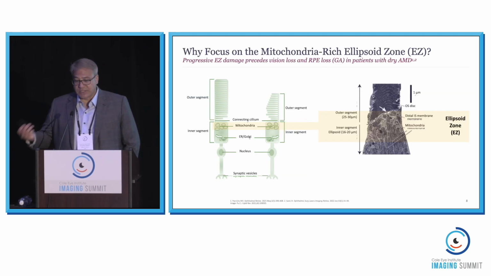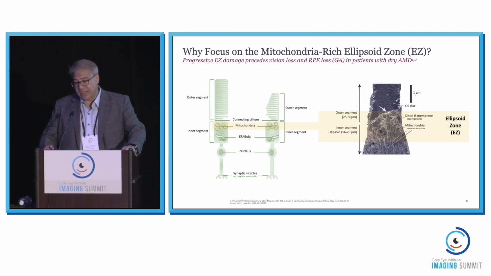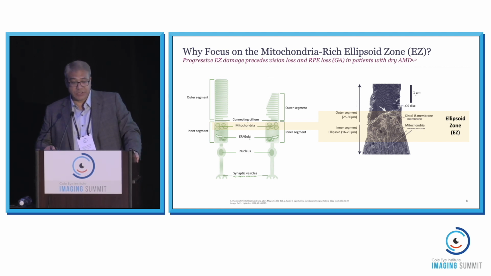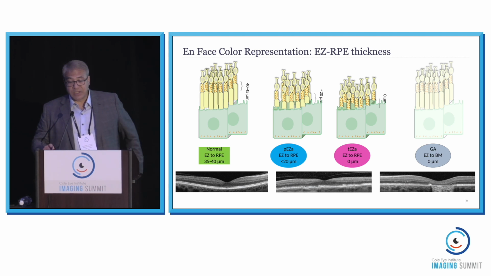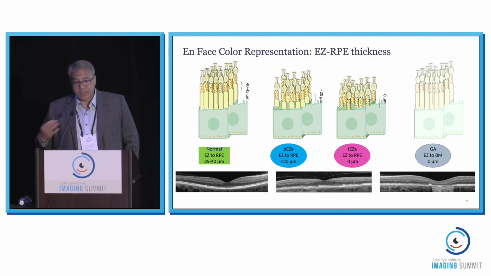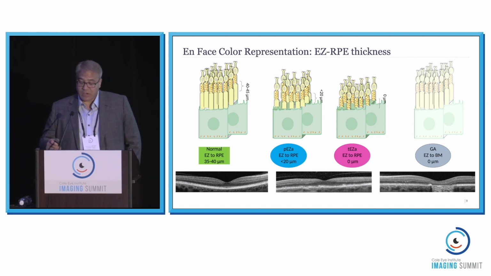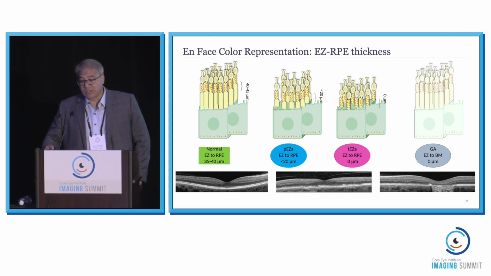And one of the things that Justice and Sunil have really pioneered in their lab is this idea of looking at the EZ zone, as Justice has shown. You can use a false color image to represent this loss of EZ, which precedes RPE loss. And that's what was looked at in this study.